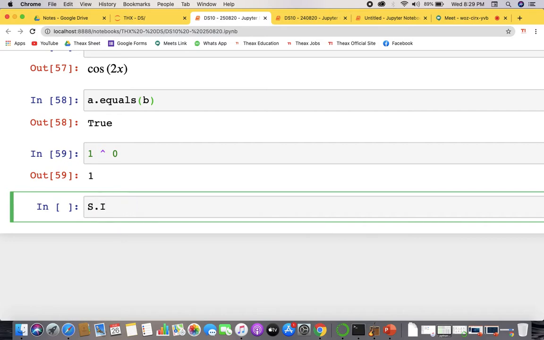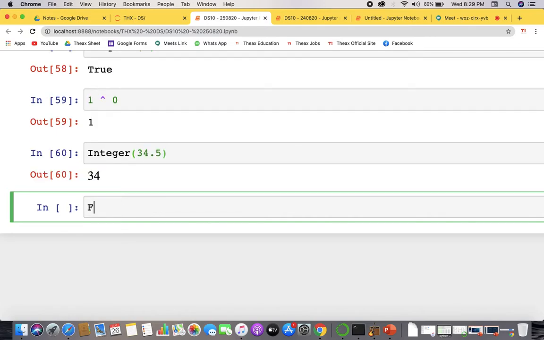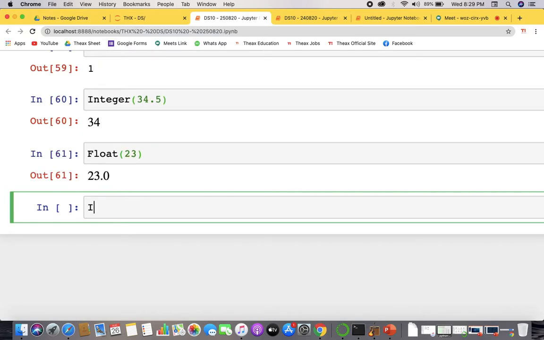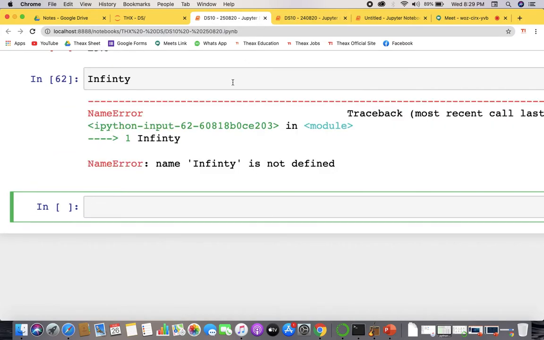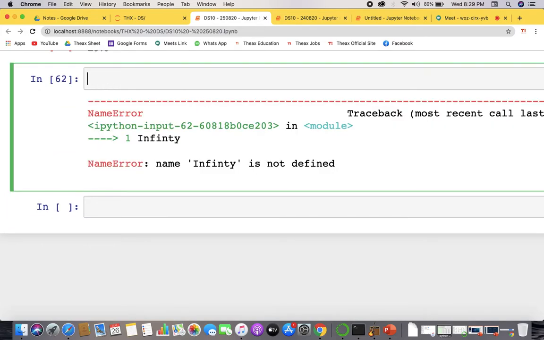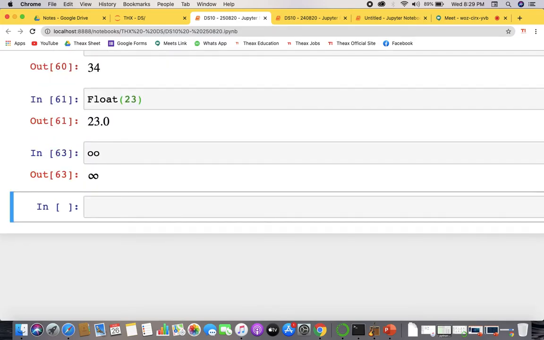So in SymPy we have Integer. If you want to write something as an integer, just write Integer of 34.5, and you get 34. You want Float of 23 something, right? Infinity, 1 minus that is 0. So that is infinite. Okay, let's say you want some rational number or a fraction to be represented.